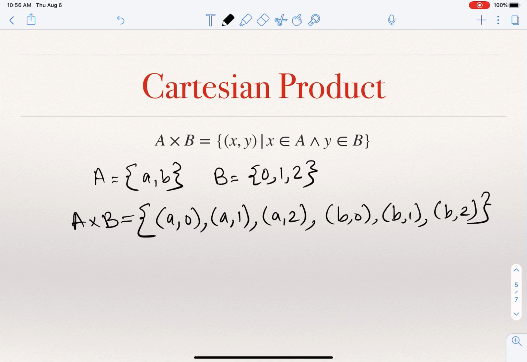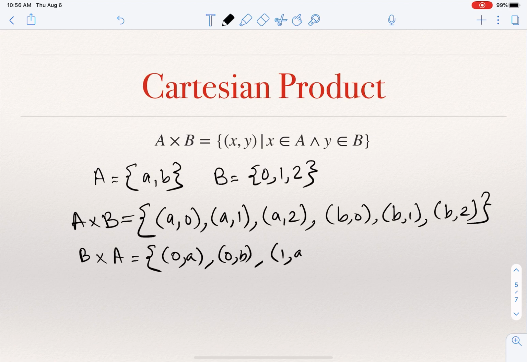Okay? Again, notice that the order matters here because of what's written inside the set. For example, in the pair (a, 0), there's order there. a comes before 0. If I wanted B times A, it becomes (0, a), (0, b), (1, a), (1, b), and (2, a), (2, b).